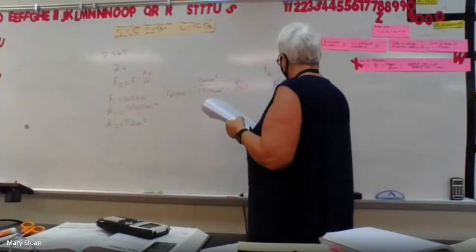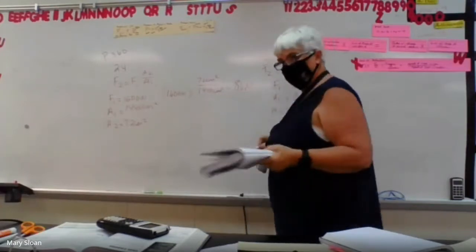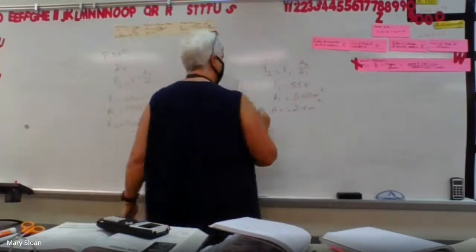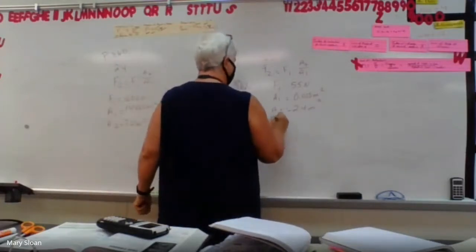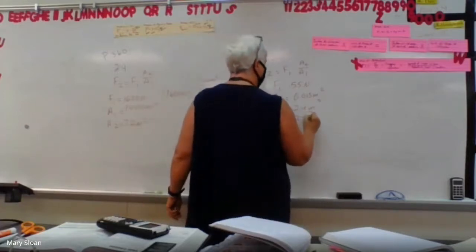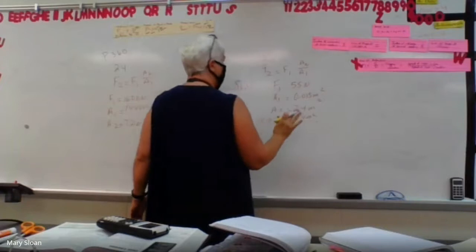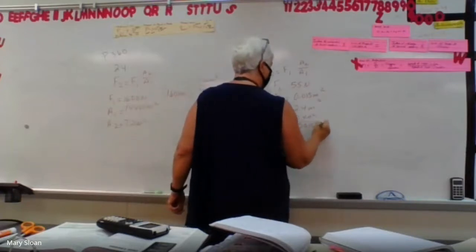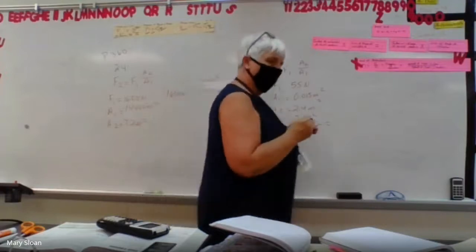What is my A2? 2.4 meters squared. Perfect. So let's plug it in. 55 newtons times 2.4 meters squared over 0.015 meters squared. Let's see what we got.